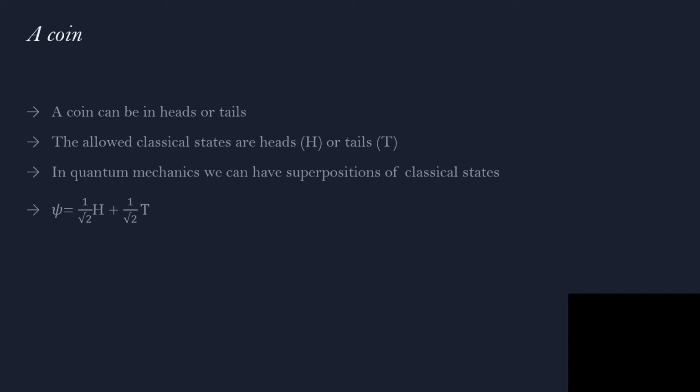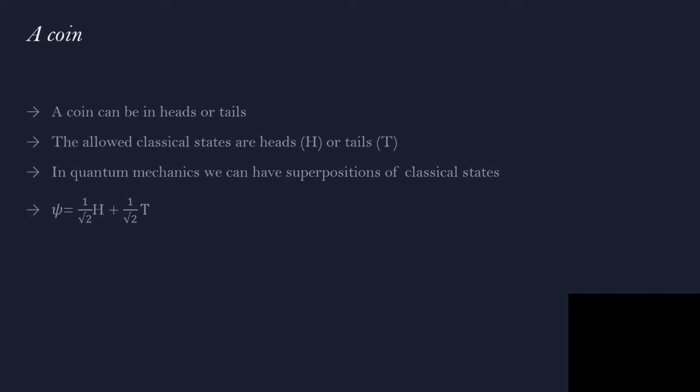So we see that the coefficients behind the H and T states are the same. They're both 1 over root 2. Therefore, what this is saying is we're equally likely to find the coin in heads as we will be to find it in tails if initially, before measurement, it's in this quantum state.